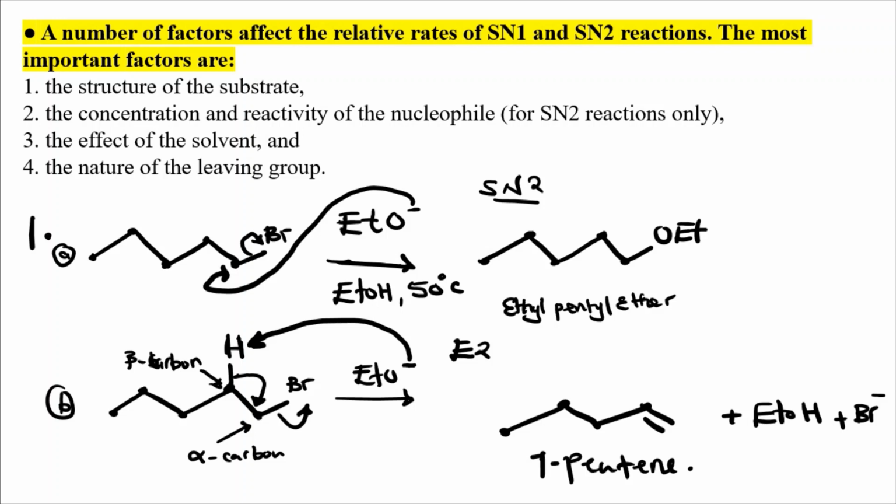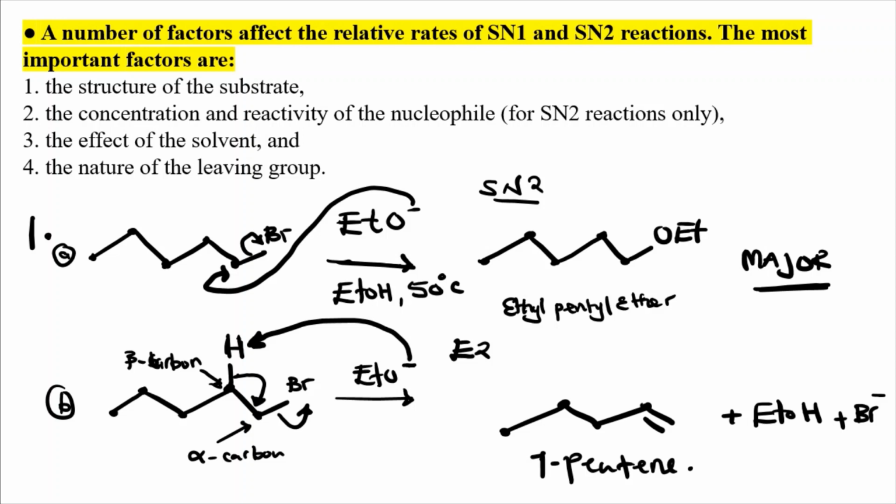So when you compare these two products, the one that was formed by an SN2 reaction will be the major product. Why? Because the alpha carbon was a primary carbon, and the nucleophile here was not a bulky base.